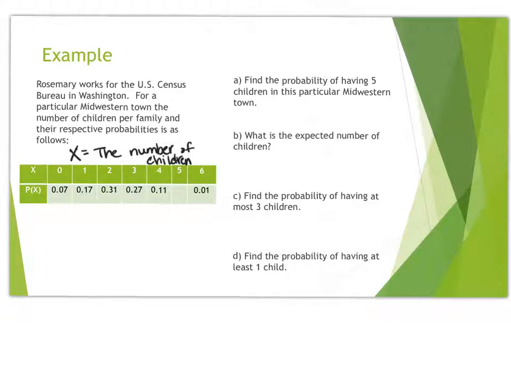So a family can have X equals 0, 1, 2, 3, 4, 5, or 6 children. Notice they give you this distribution of values, and the one that's missing is 5.